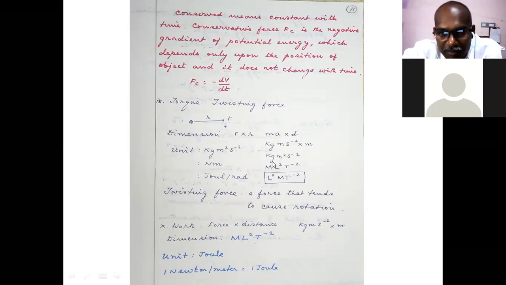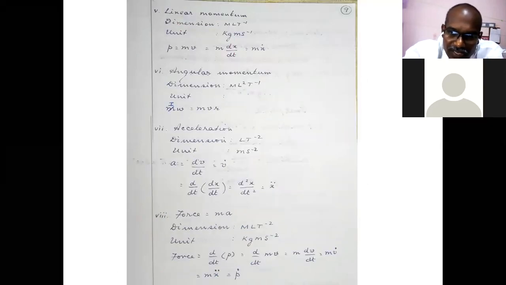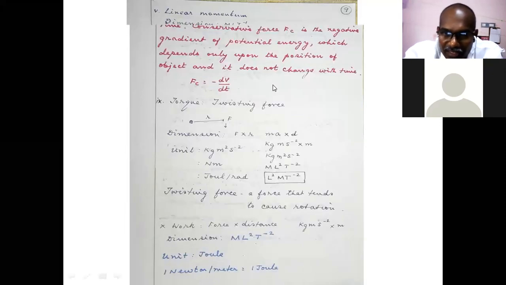You should always remember here the small rearrangement is done. Actually, the dimension is M L square t power minus 2, but it has been given a different form, L square M t power minus 2, in order to make the difference between angular momentum and the torque. See, look at the angular momentum.